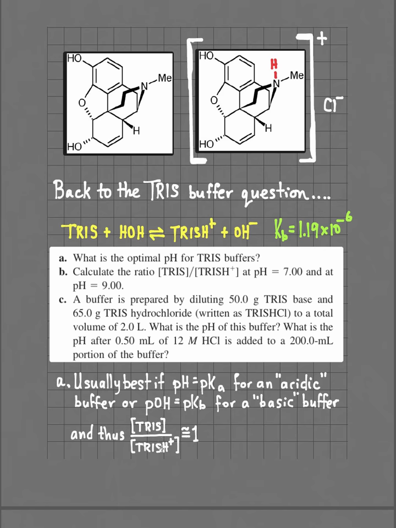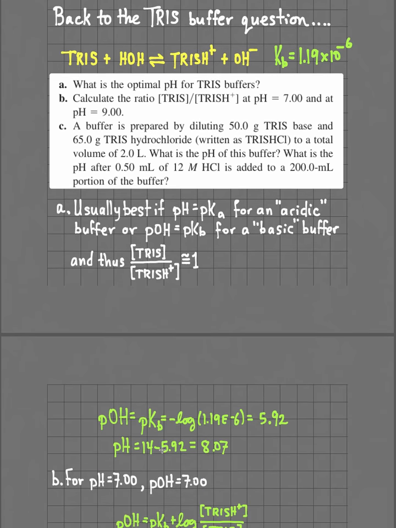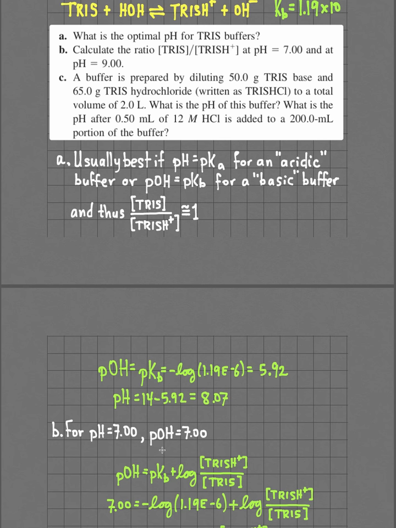When that ratio is 1, then the pH equals the pKa, or the pOH equals the pKb, and I would have a buffer with a pH of 8.07. This Kb was given to me in the question. Say that tris molecule acts as a weak base in water. That's the Kb. The negative log of the Kb is the pKb. That's equal to the pOH when this ratio is 1.